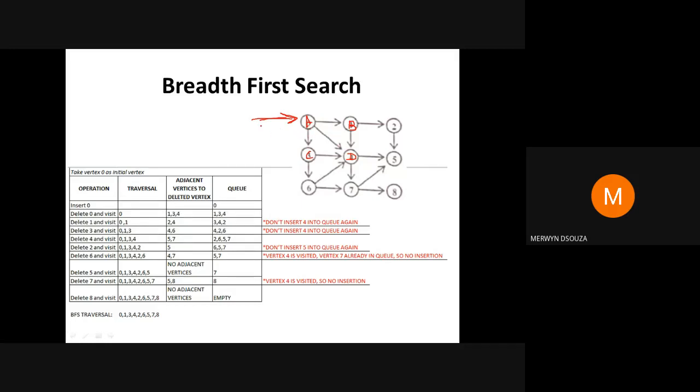It's always better to start like that, so that you can compare your answer with others. So for exams, if you get something like this, please start with the smallest number, or in alphabetical order if alphabets are given. In this case, while applying breadth first search to this graph, we're going to start from 0.